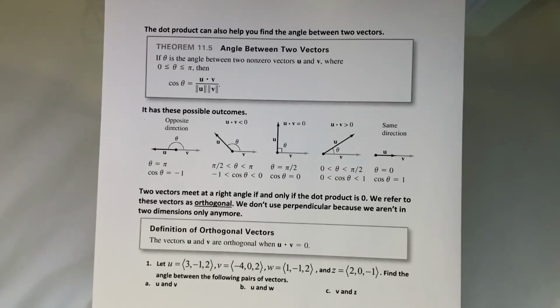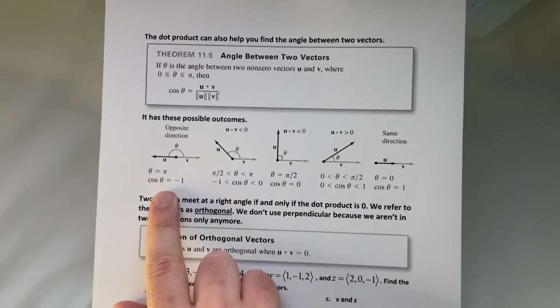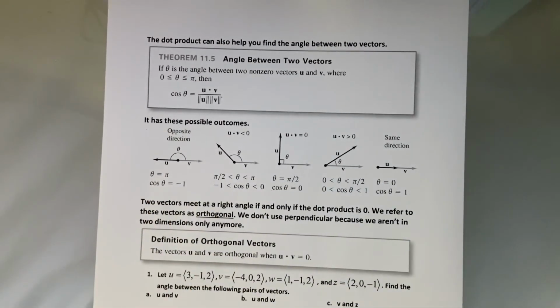So it has all the possible outcomes. If cosine theta is exactly -1, then theta is pi, because what that's saying is they're going exactly opposite directions, so they're parallel but opposite directions.